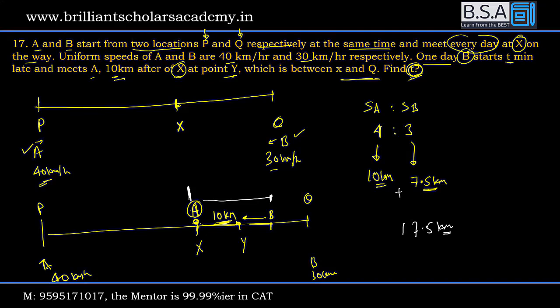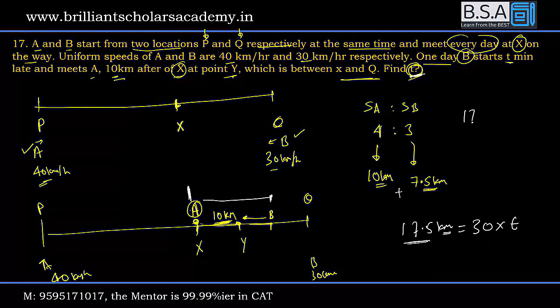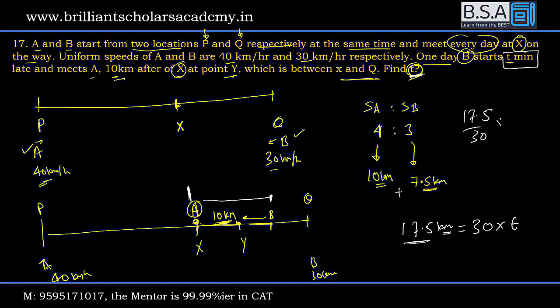Can I say these 17.5 kilometers are the delay because of T. So distance is equal to speed into time. अब ये जो आप लिख रहे हो, 17.5/30, that is hours. हमें T किसमें चाहिए? Minutes में. I'll multiply this by 60 and my answer is ready. 35 minutes late B starts.